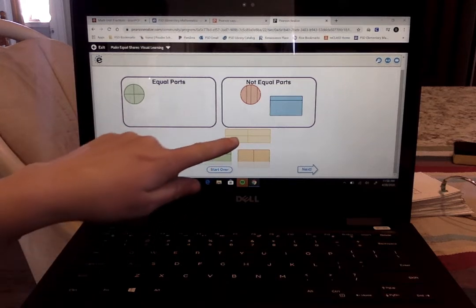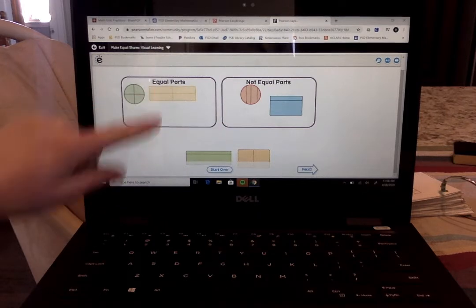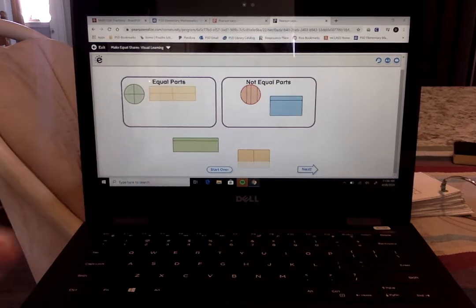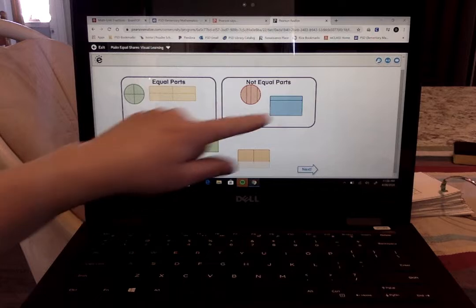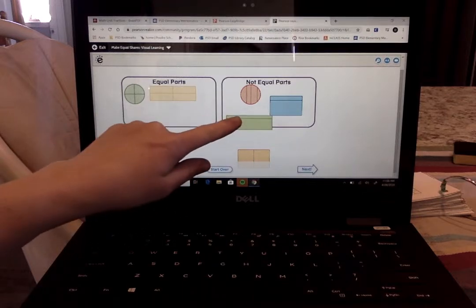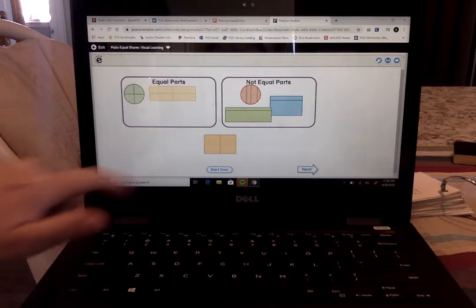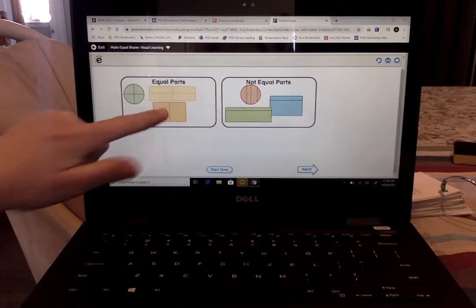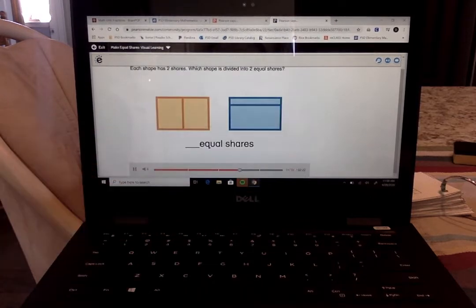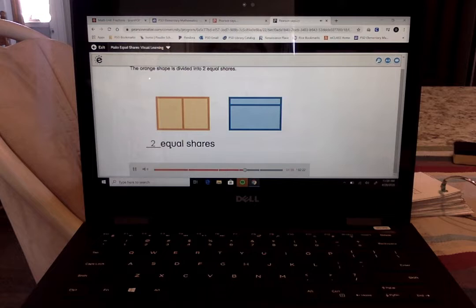Same size? What about this guy right here? He looks like this one. And what about this one? 2 shares, are they equal? You betcha. The orange shape is divided into 2 equal shares.